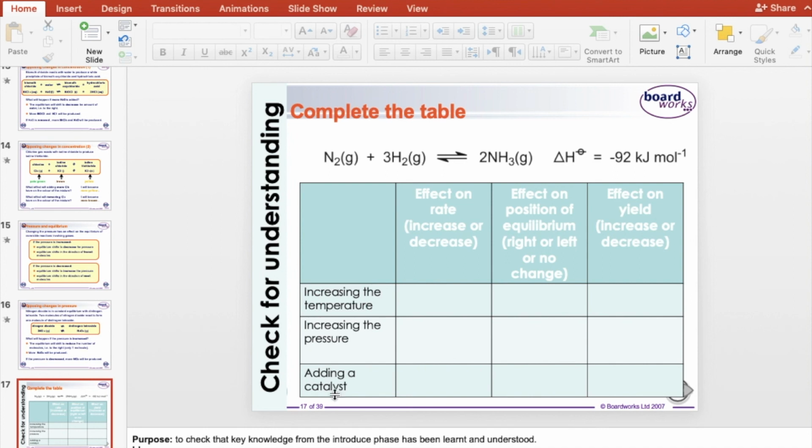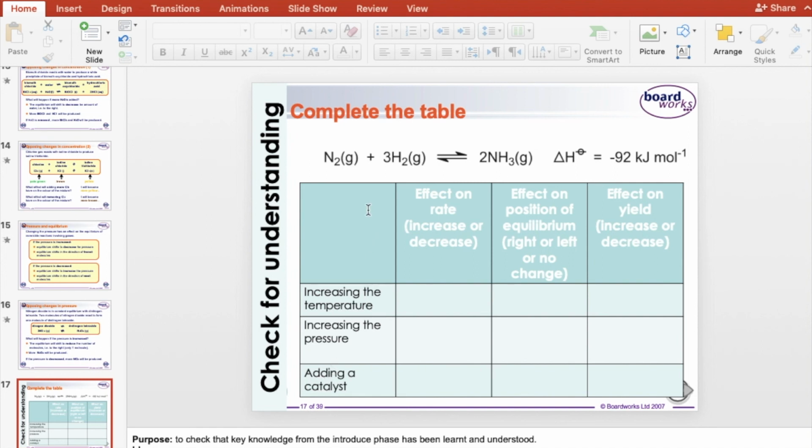So here are only 3 examples: 2 examples of pressure and temperature, and a catalyst. You can do more than that if you want. You can write down what happens if you increase or decrease the temperature, increase or decrease the pressure, increase or decrease concentration, and then also adding a catalyst.